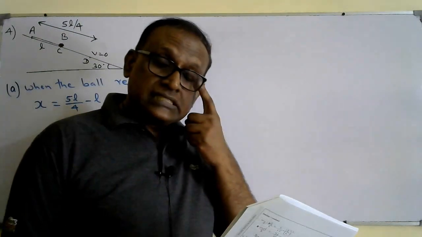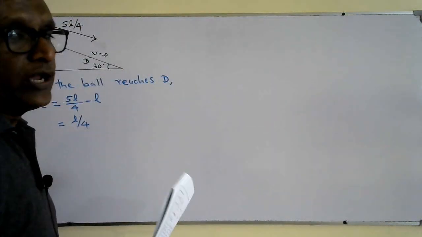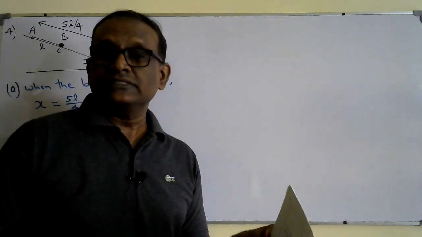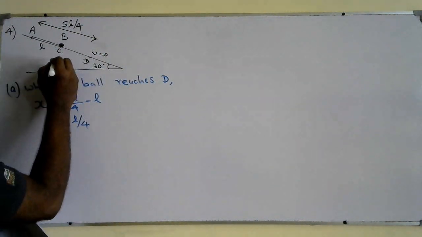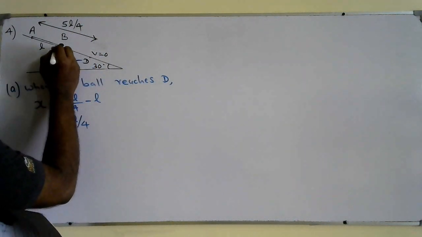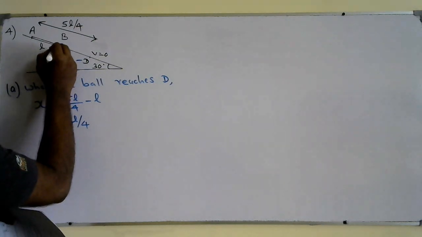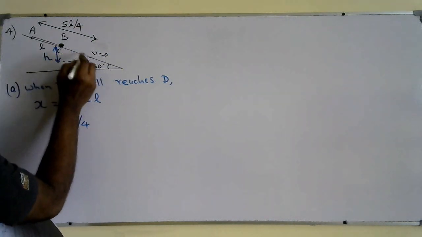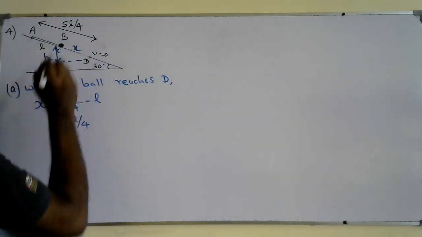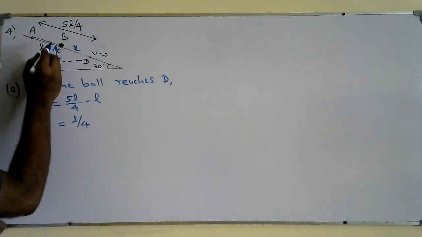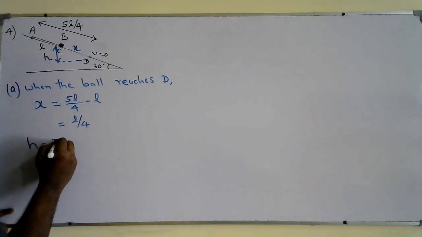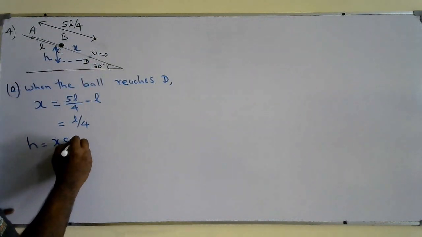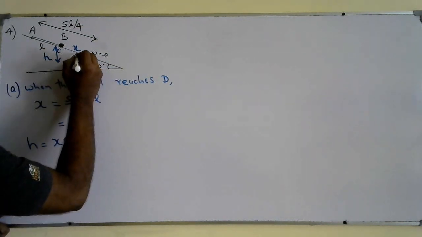Now how much is the vertical height it moves? You know the loss in GPE is mgh, where h is the vertical height it moved from C to D. I need to find this vertical height. Now we found this is X. In this right-angled triangle, h is equal to X sin 30, where this angle is 30 degrees.